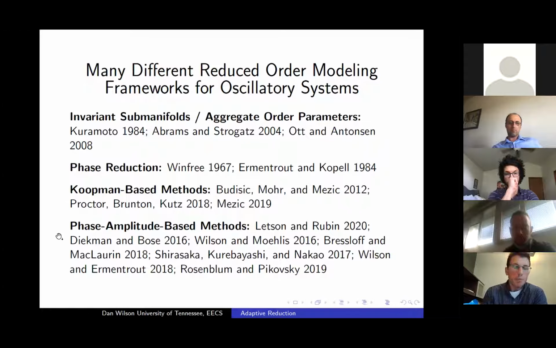Also, phase-amplitude-based methods have gained traction in recent years, where you take the phase coordinate and augment it with an amplitude variable to get some of the information about the dynamics that are transverse to the periodic orbit. The strategy that I'm going to be talking about today is kind of a combination of these bottom three things.